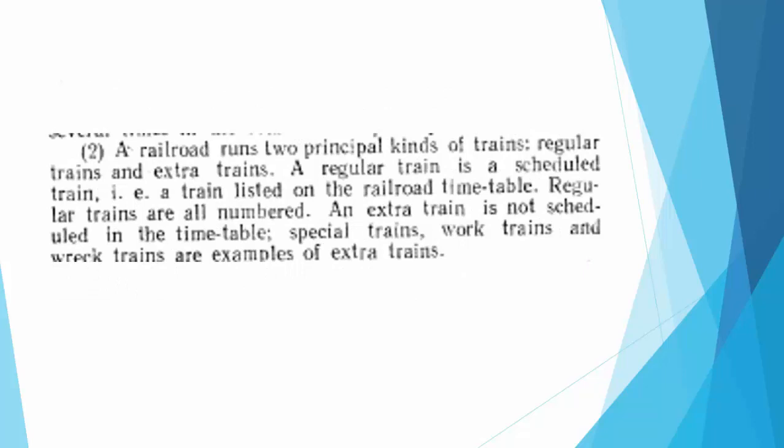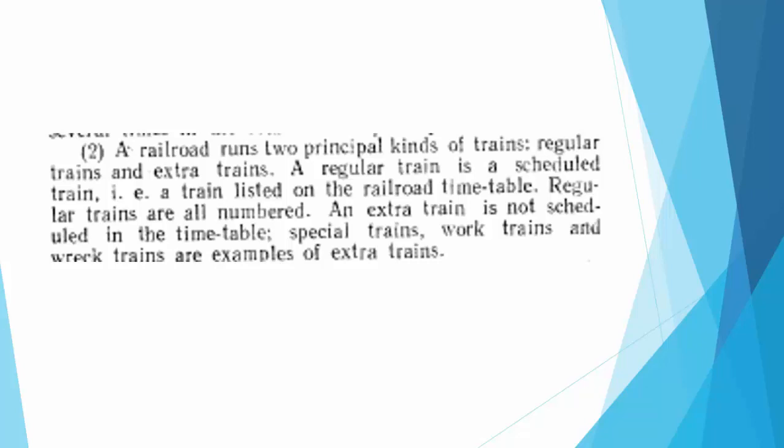A railroad runs two principal kinds of trains, regular trains and extra trains. A regular train is a scheduled train, a train listed on the railroad timetable. Regular trains are all numbered. An extra train is not scheduled in the timetable.